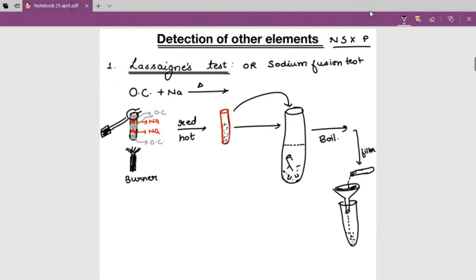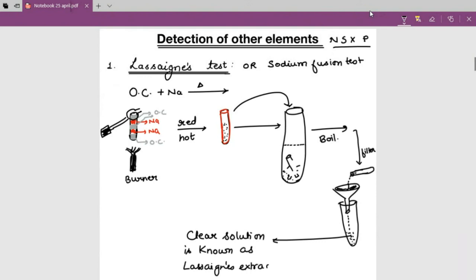Okay, this clear solution is known as Lassaigne's extract or sodium extract.